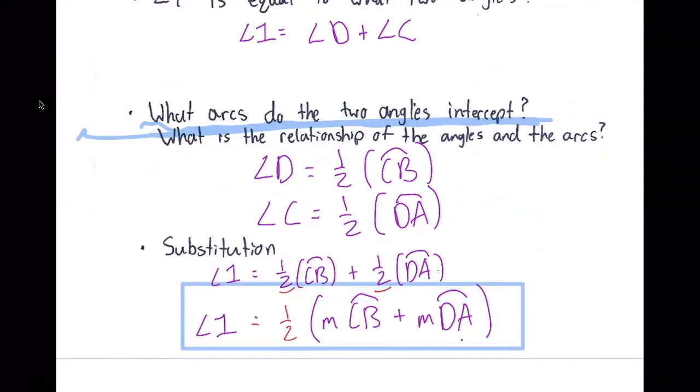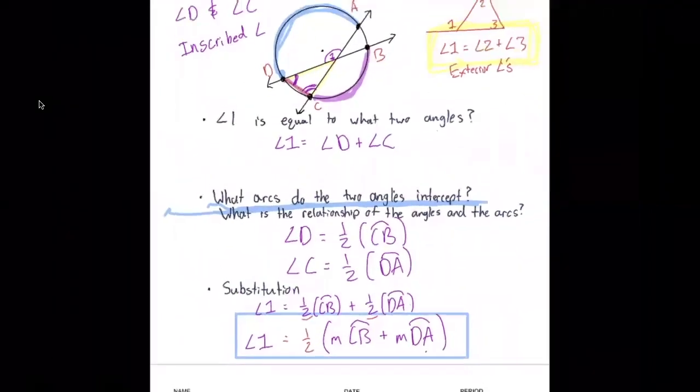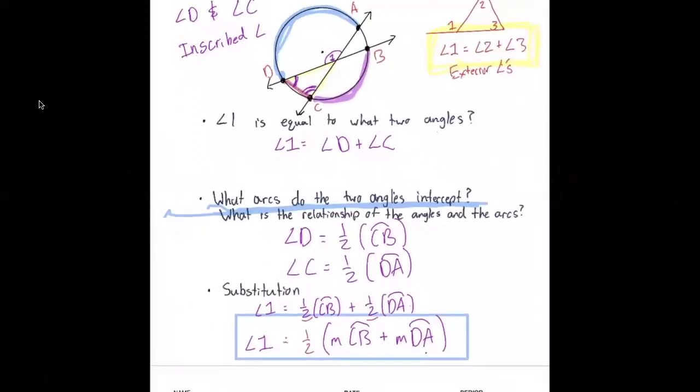Look at this formula for what angle 1 is, and look at the actual diagram. Angle 1 is equal to 1/2 of the two arcs that it hits. If you look at angle 1, angle 1 is formed by this line, boom, and this line.